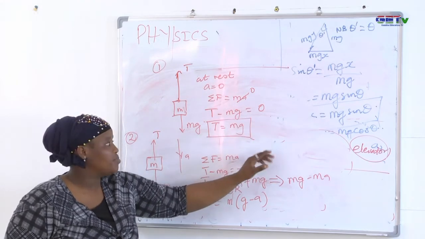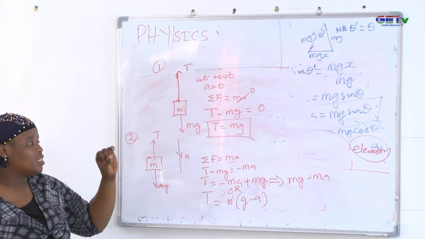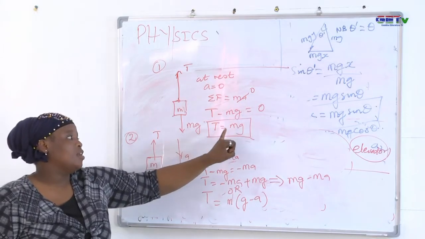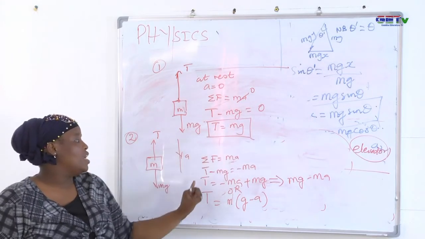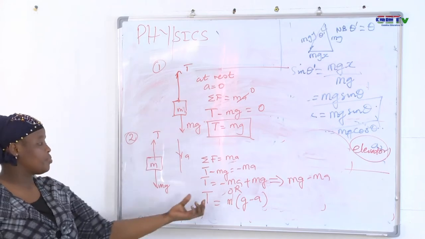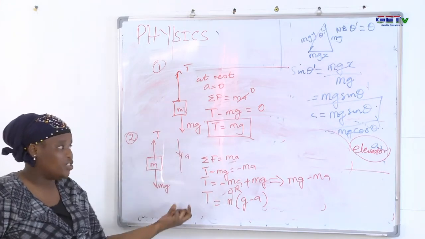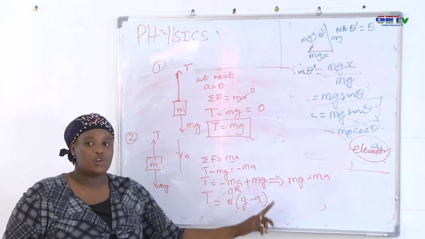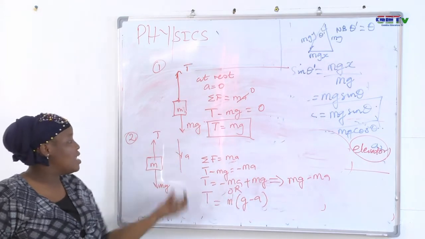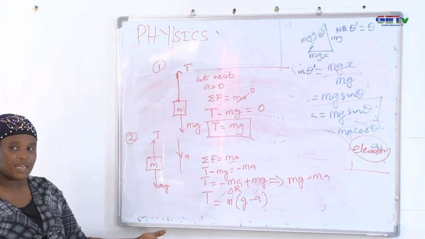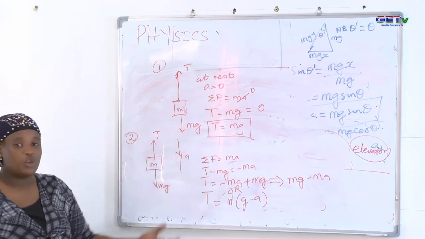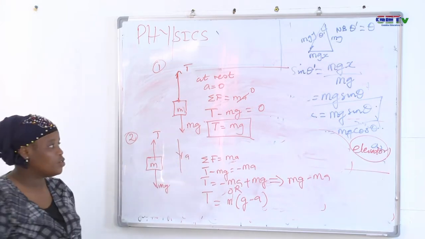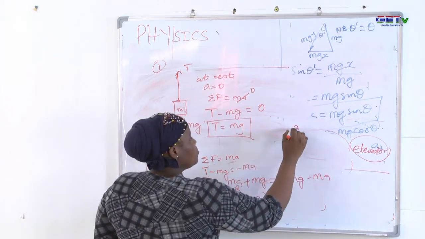You should be able to differentiate between these 3 points. If the elevator is at rest, the weight of the passengers will be the same. If the elevator is descending with an acceleration, then the weight of those passengers will be reduced. But if it moves at a constant speed, remember the acceleration will be 0, their weight will also be the same. Understood?